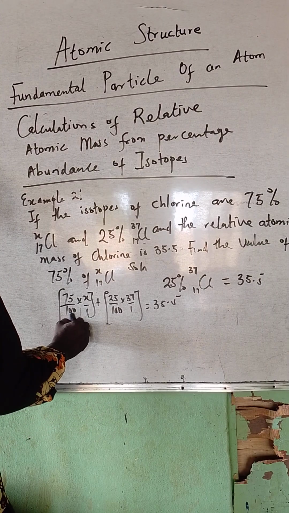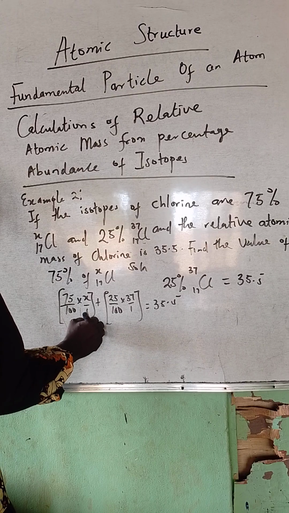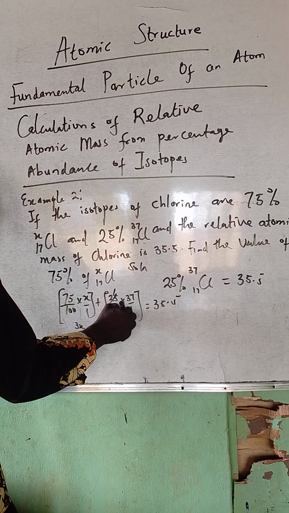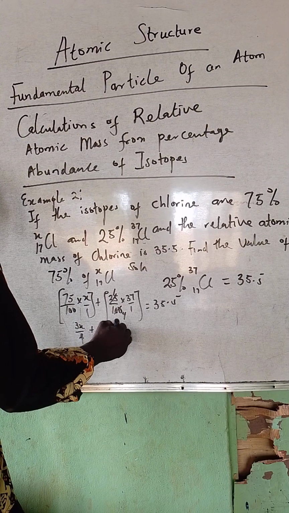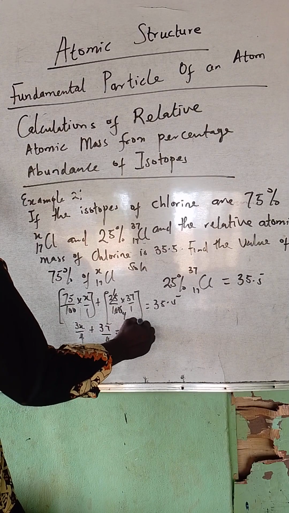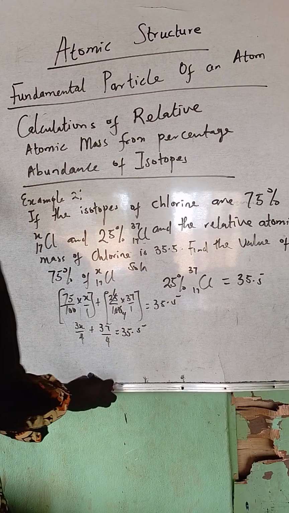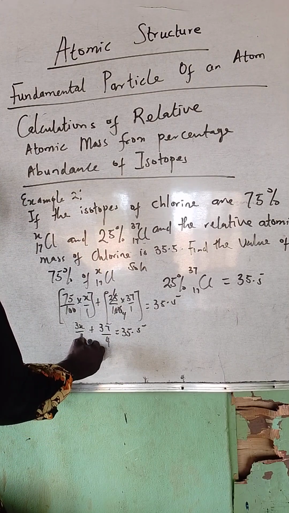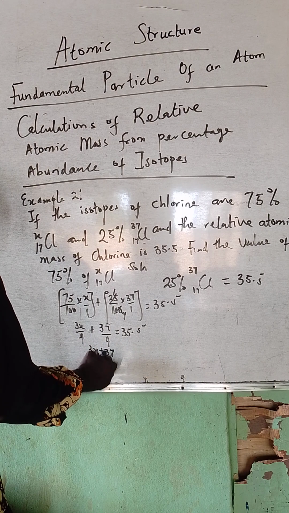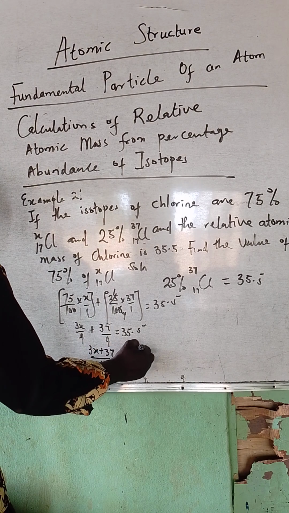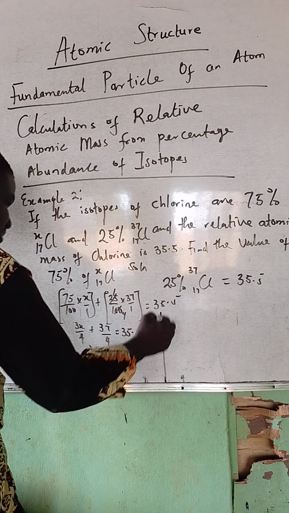So we can simplify, but because we are solving it like JAMB, we don't want to use calculator. Finding the LCM, 3S plus 37 over 4 equal to 35.5. Then cross multiply.